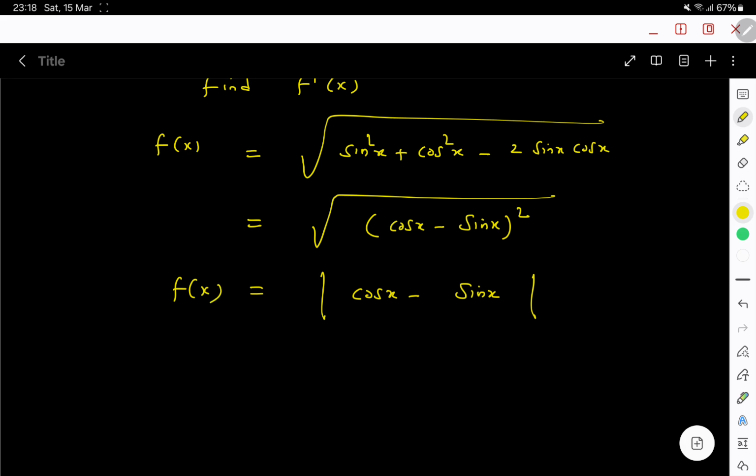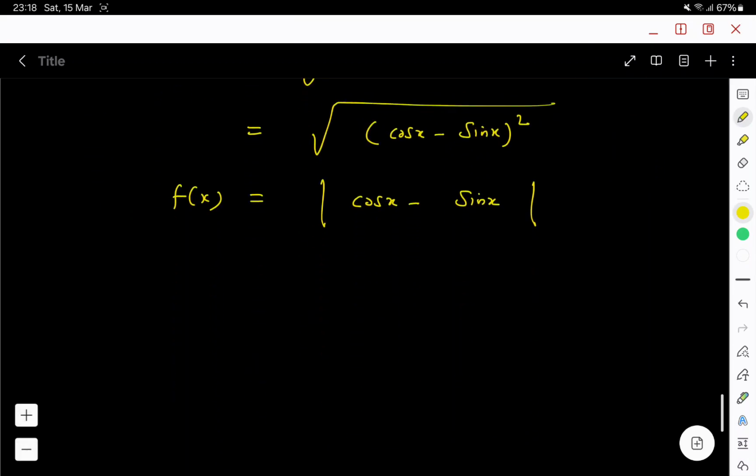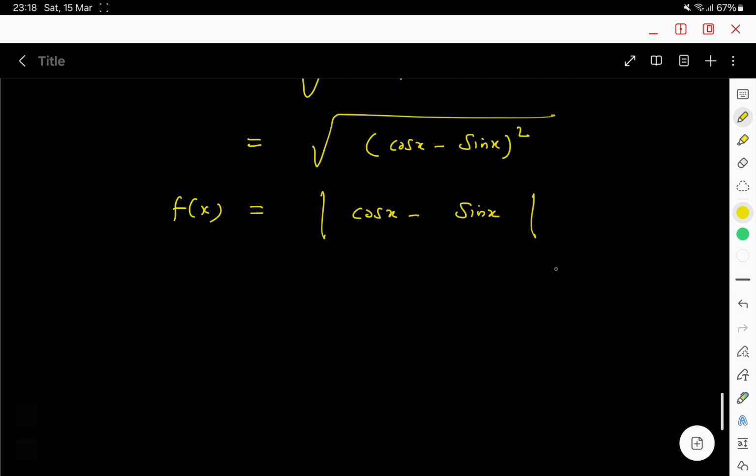Now we have to find the derivative in the interval 0 to pi by 2. So in 0 to pi by 2, I am taking two intervals, 0 to 45 and 45 to 90, that is 0 to pi by 4 and pi by 4 to pi by 2. In 0 to pi by 4, cos x is greater than sin x.